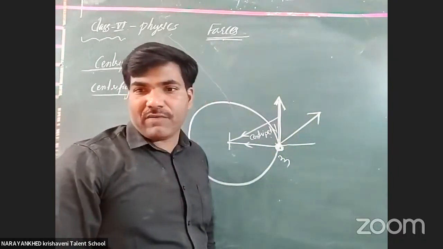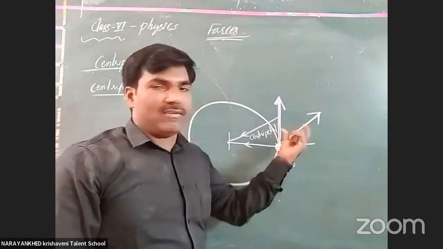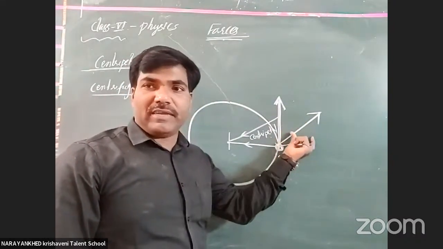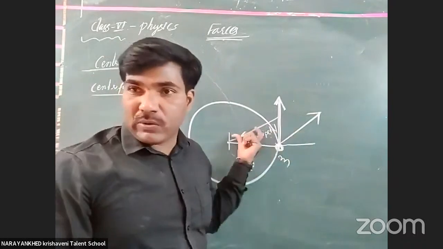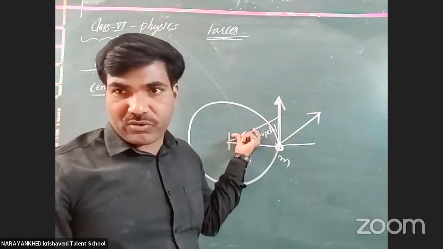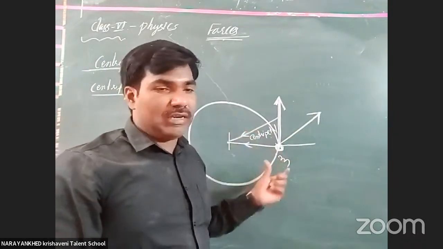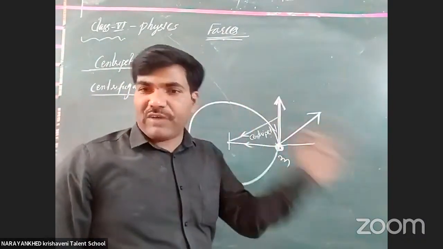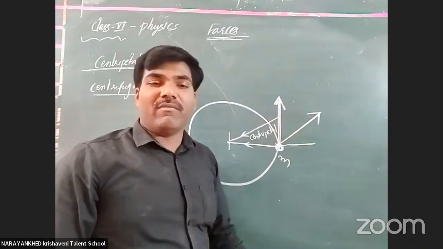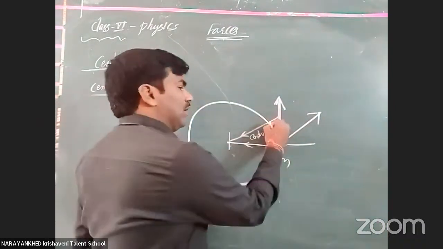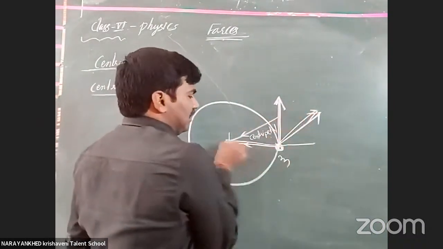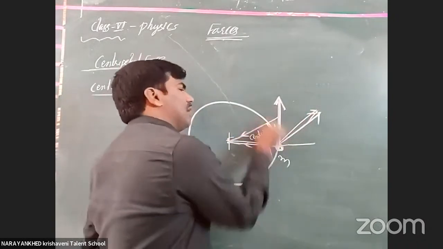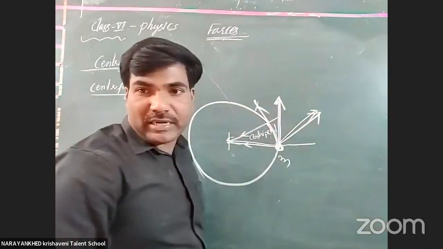It does not appear to us, but it is acting equal to the centripetal force. At that time, the body is selected neither toward the center nor away from the center; it takes the path in between. This path. Got it or not?